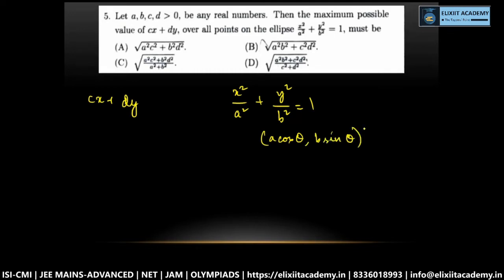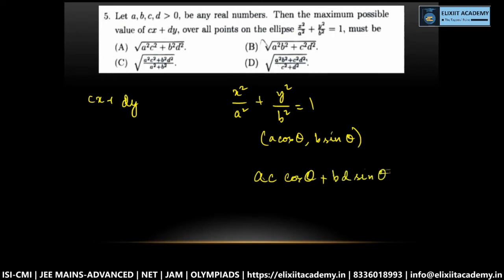Obviously this point we are taking on this ellipse, so we have the values of x and y. Substitute this: this is AC cos theta, and this is BD sin theta.